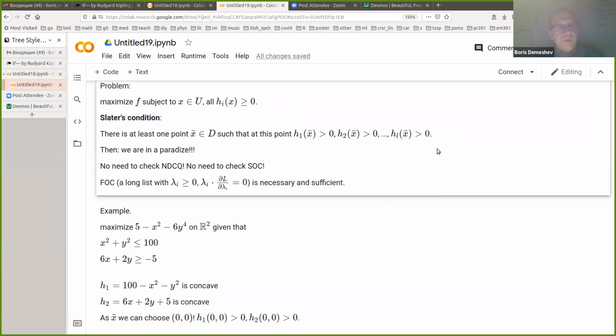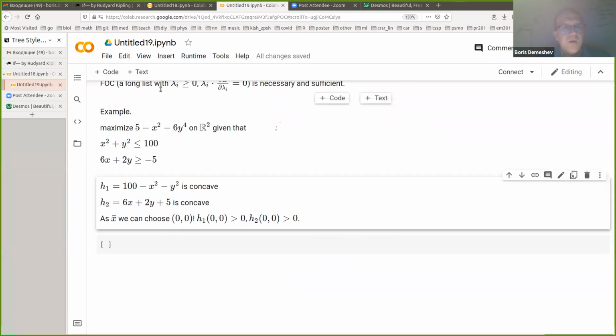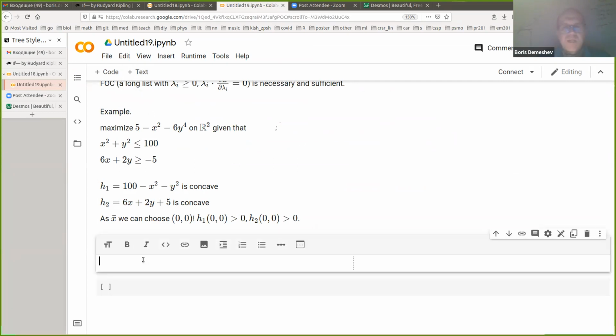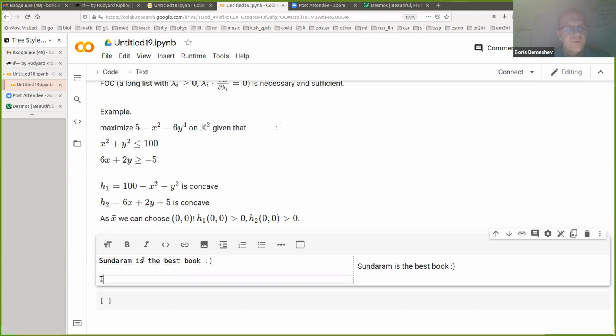Maybe one more piece of advice: the best book on optimization at our level is by Rangarajan Sundaram. Sundaram is the best book. I don't remember the title.